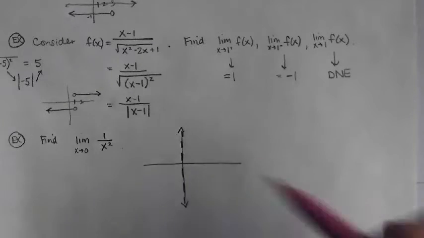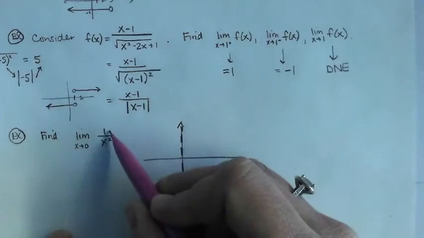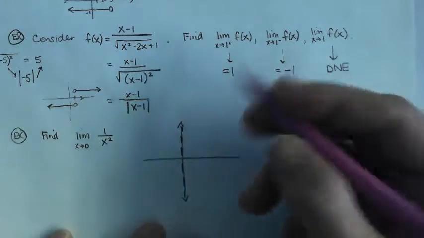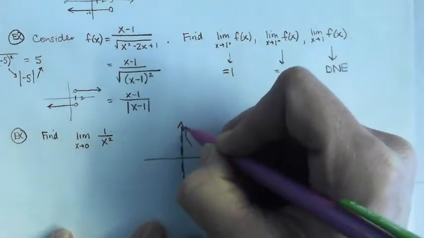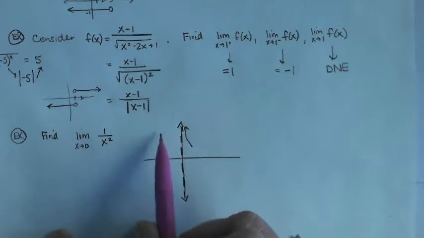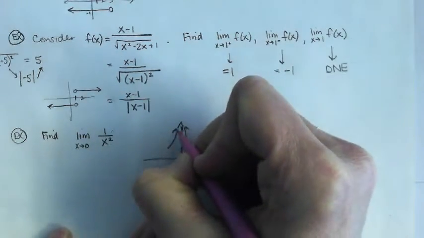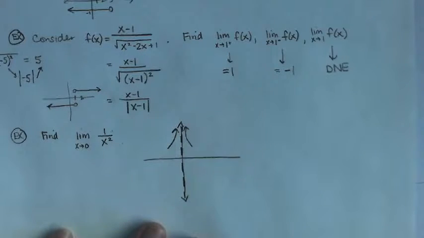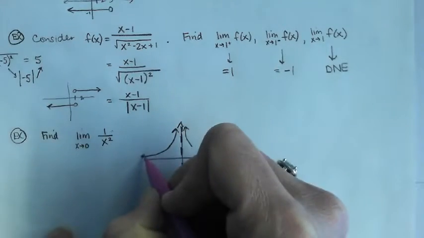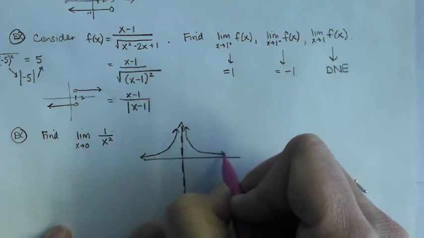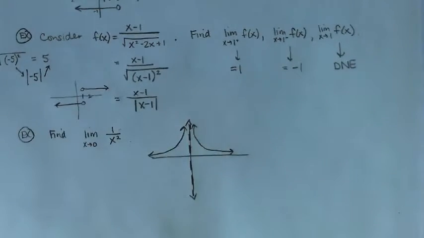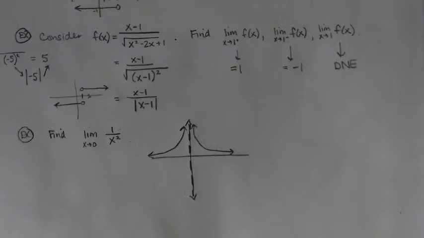But obviously, if you're approaching from the positive side, it's going to be positive over positive, so that's positive infinity. And as you're approaching from the negative side, it's still going to be positive over positive. And so we're going to positive infinity on both sides. As far as a horizontal asymptote, it's small over big, so it's just 0. And so unbounded limits, therefore, don't exist.